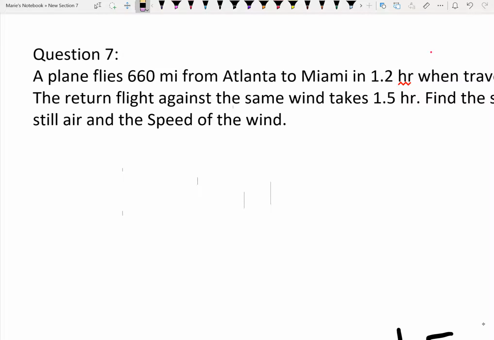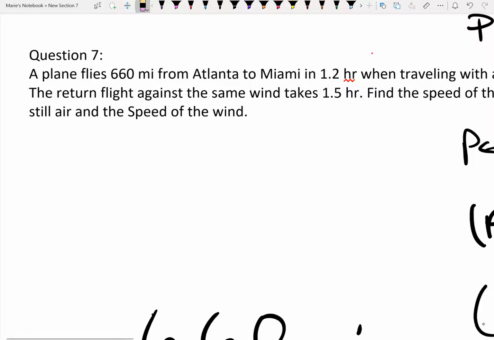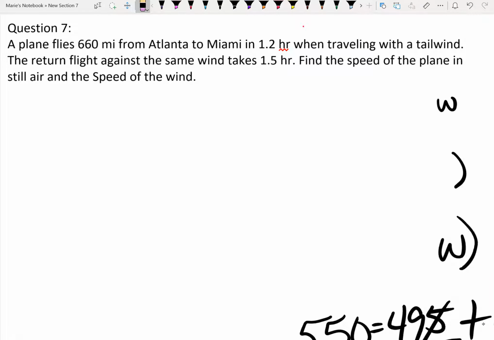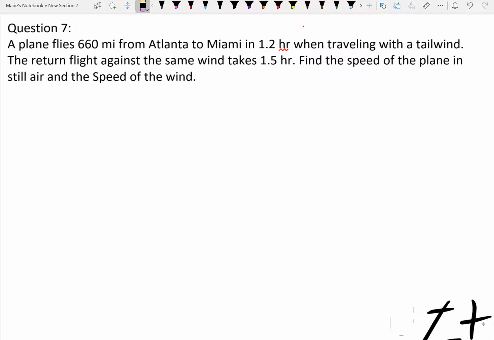Okay, so what you need to remember is distance is equal to rate times time. We're also going to look at the distance from Atlanta to Miami. It's the same from Miami to Atlanta.